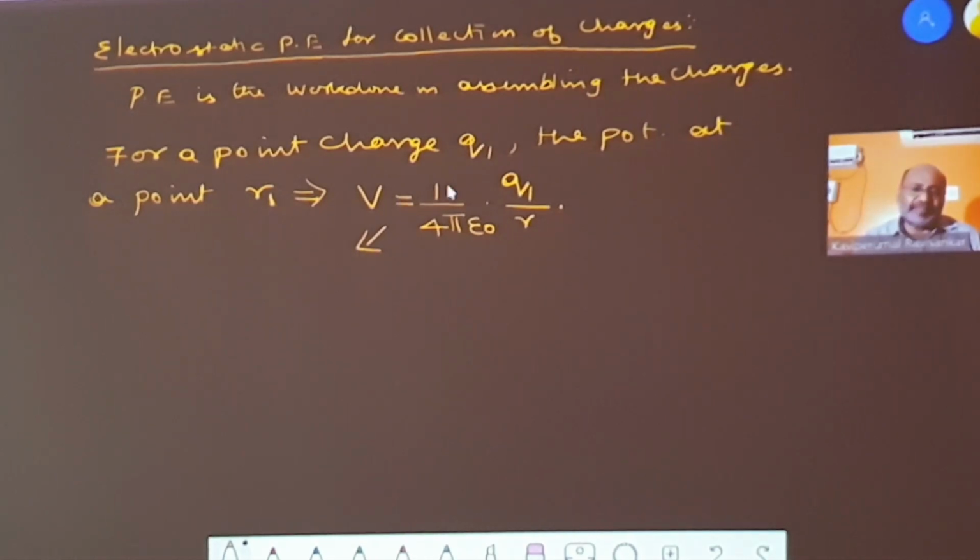That is, if you are considering a point charge, then the potential at a point distant r is V equal to 1 by 4 pi epsilon 0 into Q1 by r.